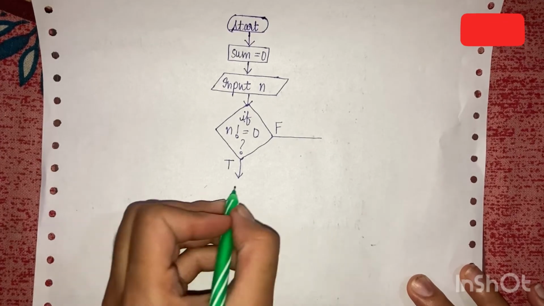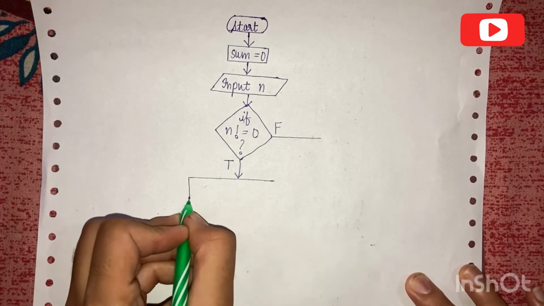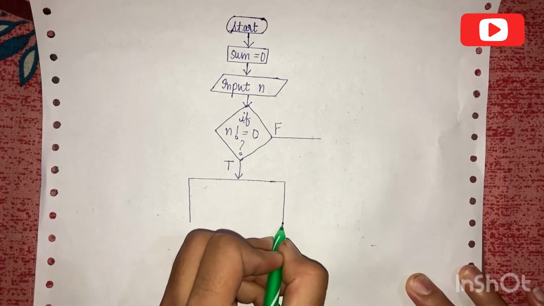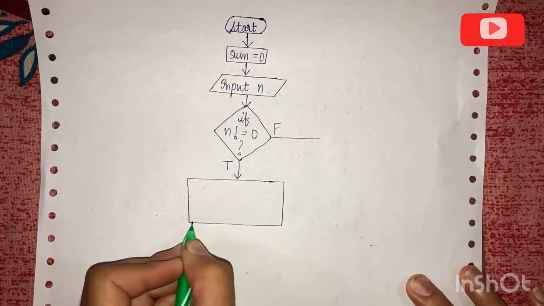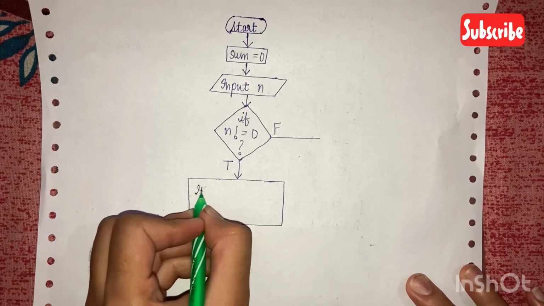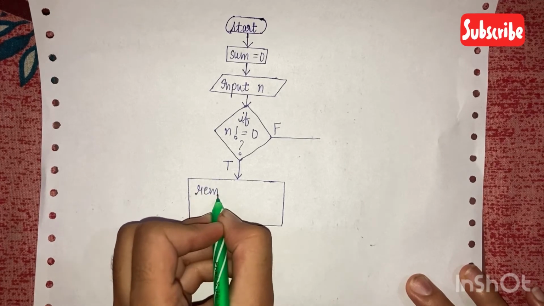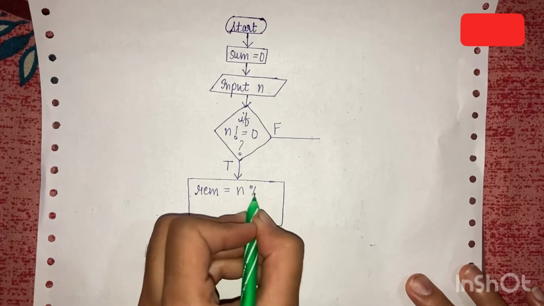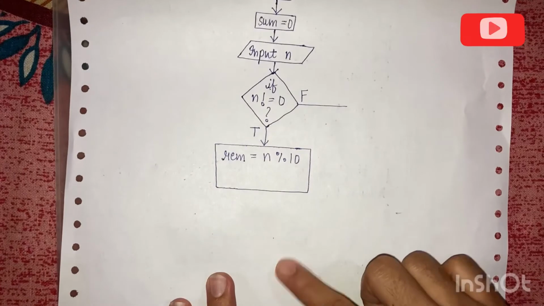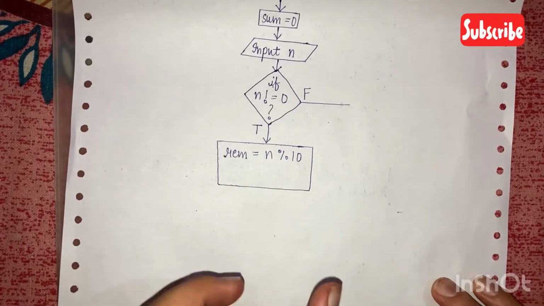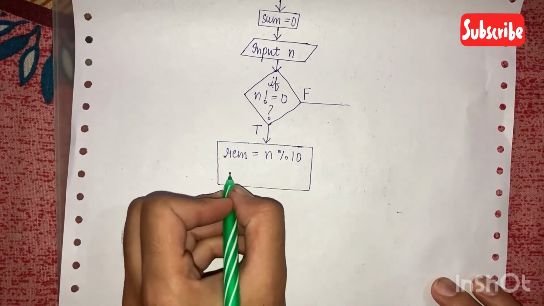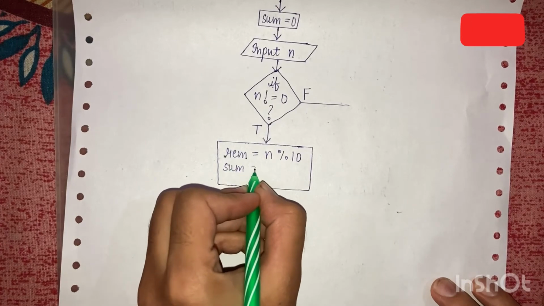If the condition is true, then we perform certain operations, and any operations are performed in a rectangular box. So we write remainder, rem, is equal to n modulus 10. This same entire logic we write in a single box. We can also write in separate rectangular boxes, but it is more convenient to write in a single box.